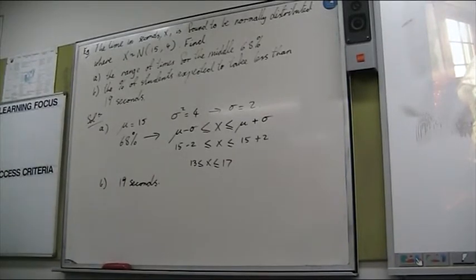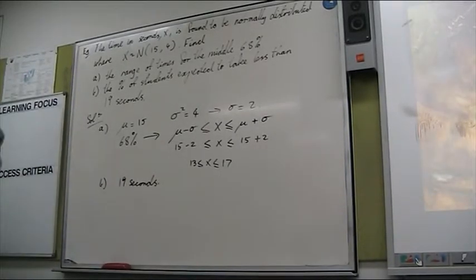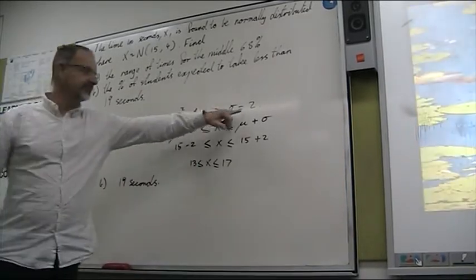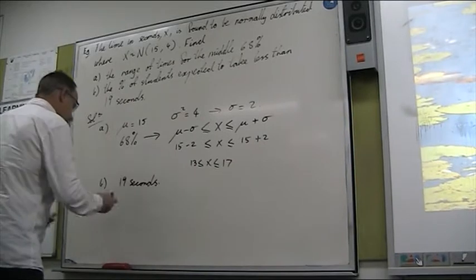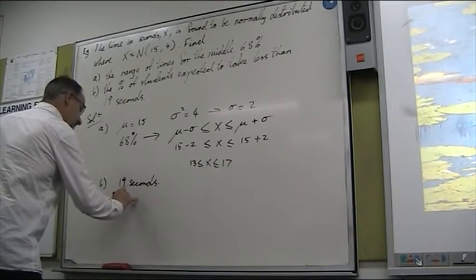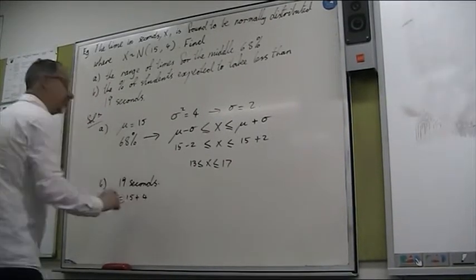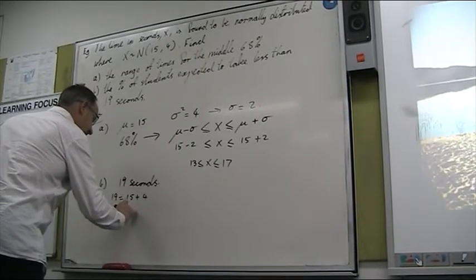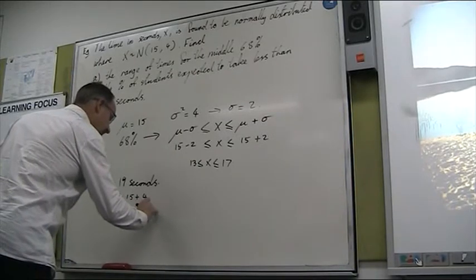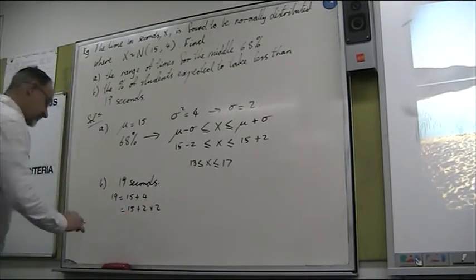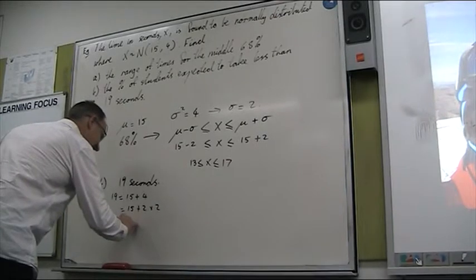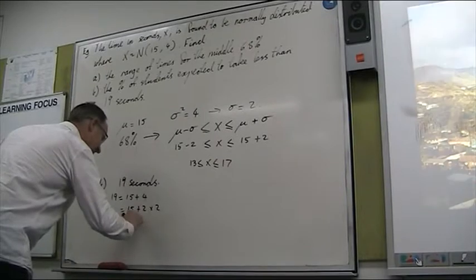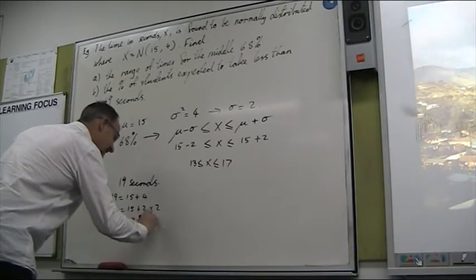In this case, we need to try and relate this 19 back to these numbers we've got here. And 19, of course, is 15 plus 4, which is 15 plus 2 lots of 2, which is the 95%, which is the mean plus 2 standard deviations.